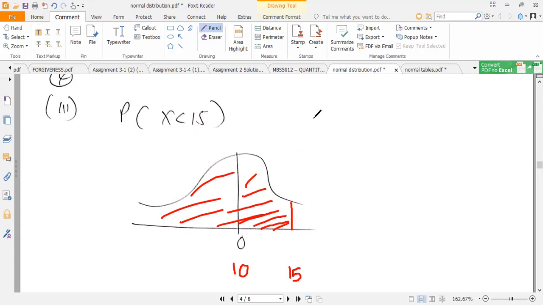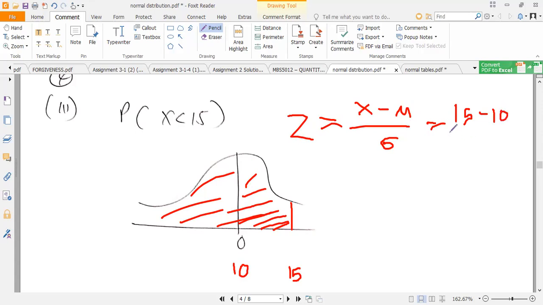Yes. Step 3, what do you do? Standardize. Good, we standardize. So we're going to standardize the 15. So it'll be 15 minus what? Minus 10, over what? Over 3.